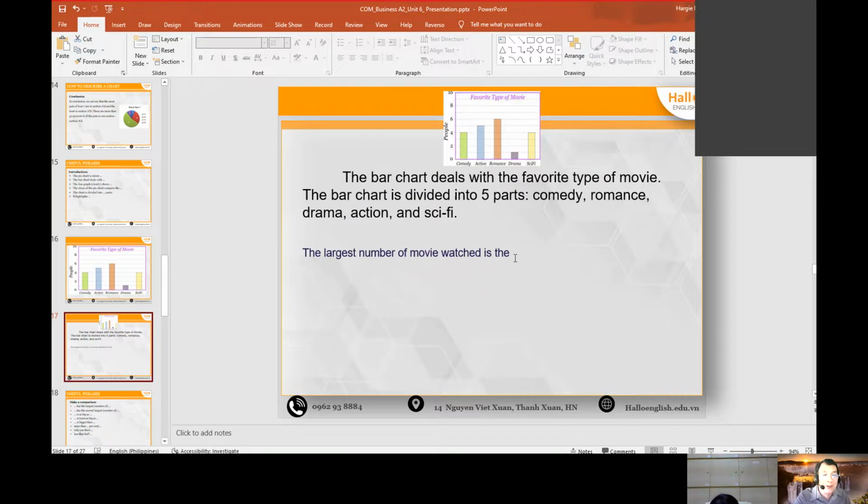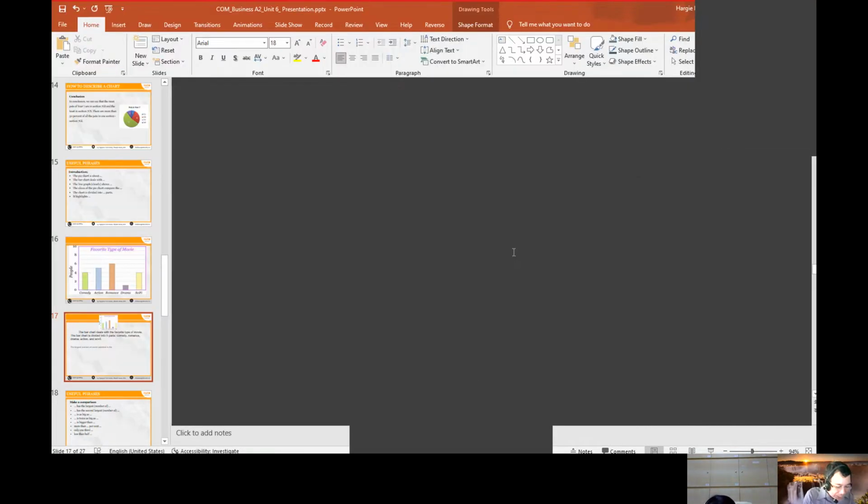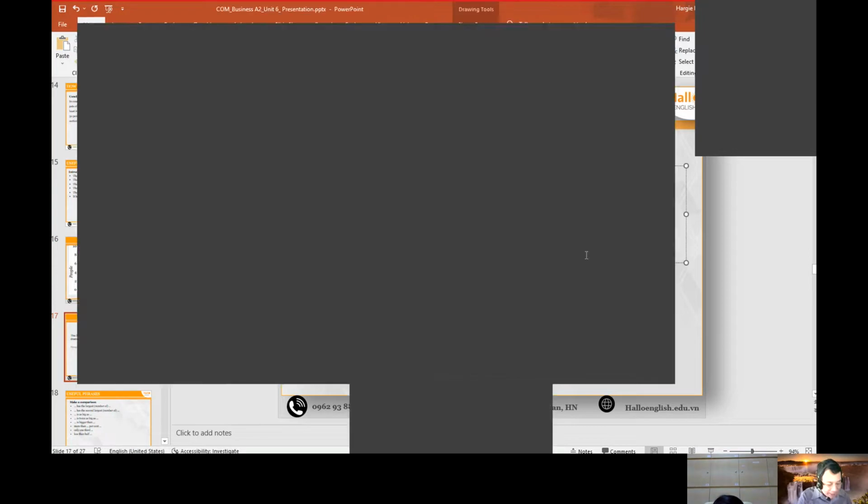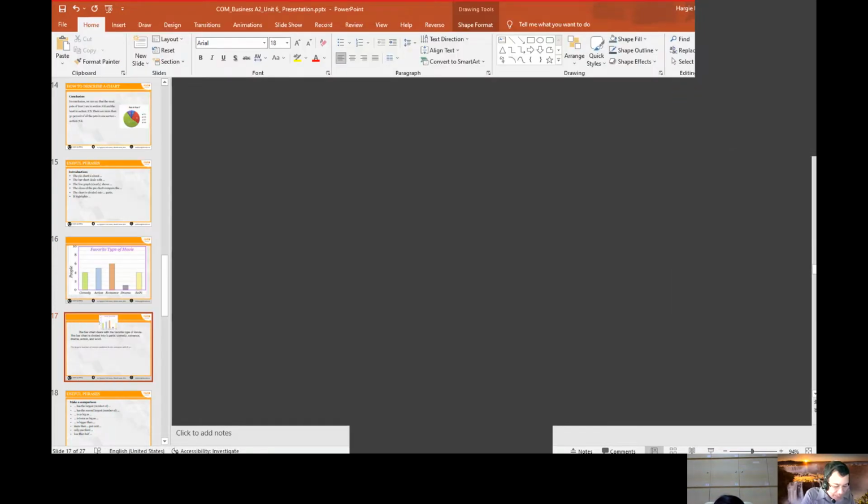The largest number of movies watched is the romance, with how many people watching? There are 5 or 6? Six, yeah, romance. So we have with 6 people watch.